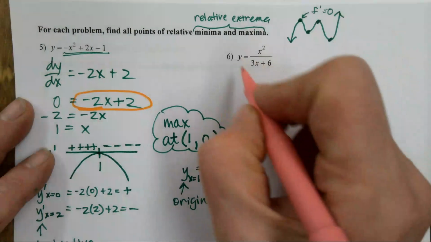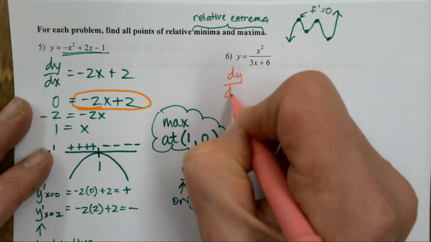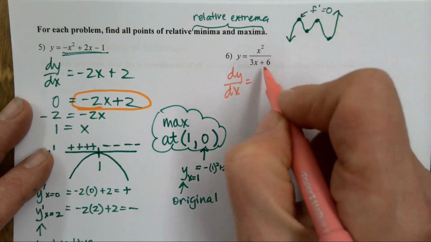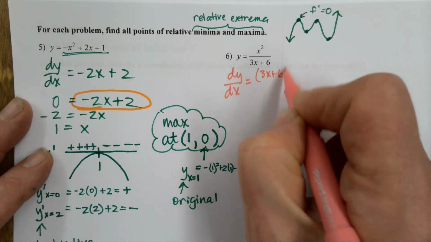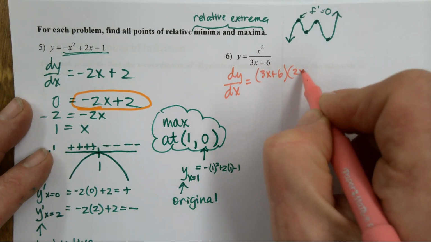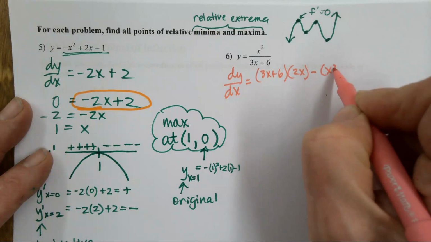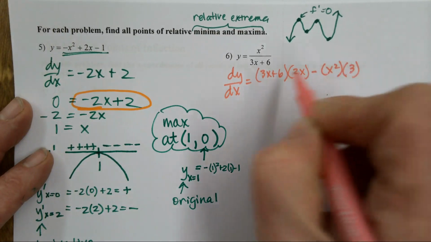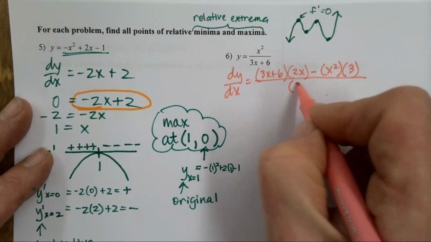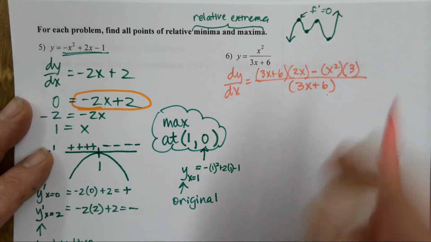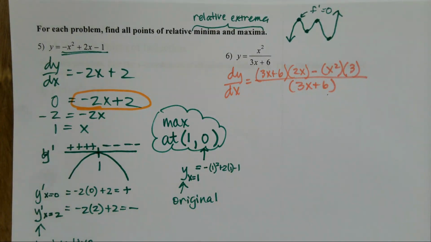And so this is a quotient, dy dx is low d high minus high d low over low low. It is a little bit intimidating when I look at this first, because it's like, man, I'm going to set this equal to 0 and solve this?